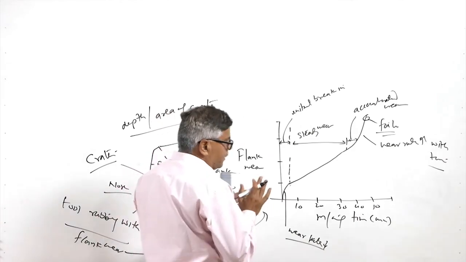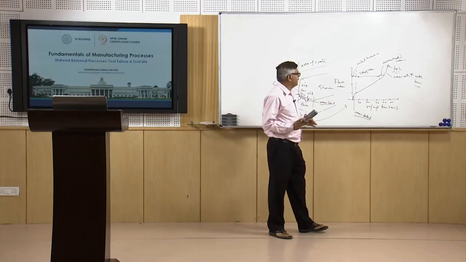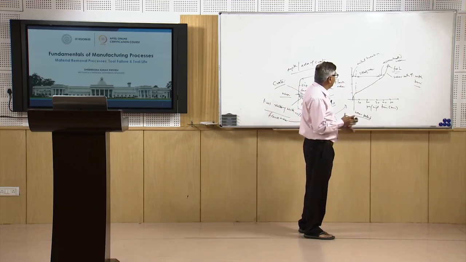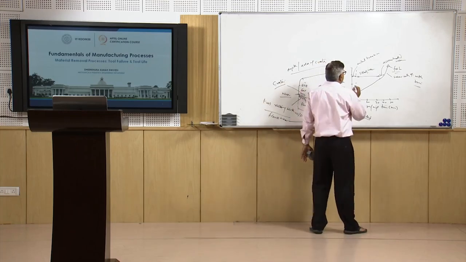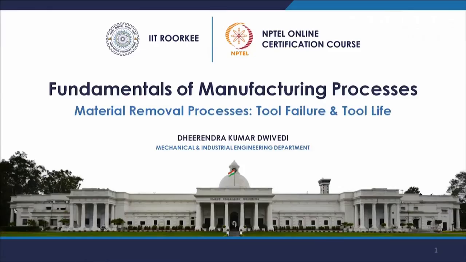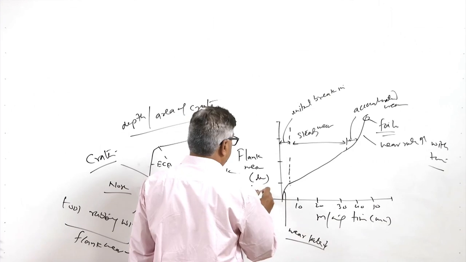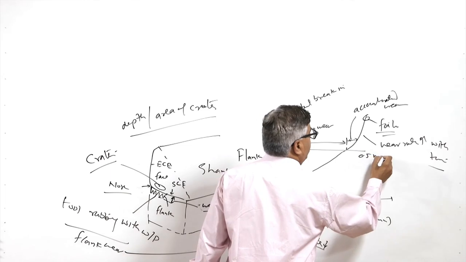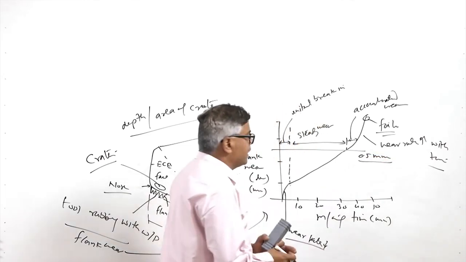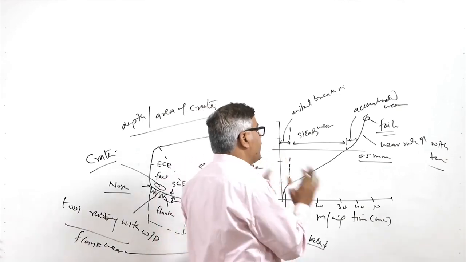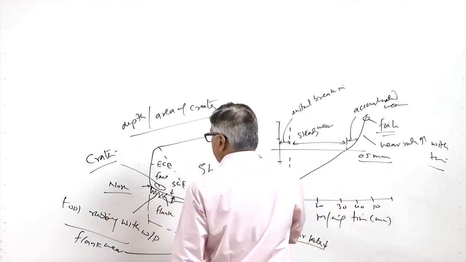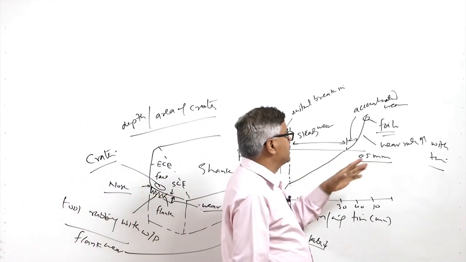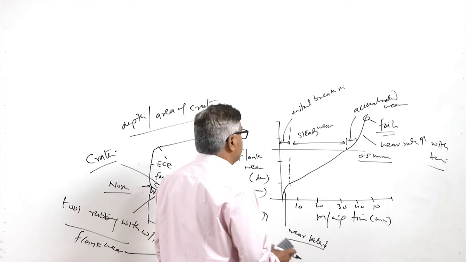Depending upon the allowable wear length, the allowable wear length gives us the time for which the tool will perform successfully. Like say, this is the flank wear, in micrometer or in mm, mostly the 0.5 mm wear length is used as a criterion for the life of the tool. As soon as the wear length is formed more than 0.5 mm in size, we consider that the tool has failed.